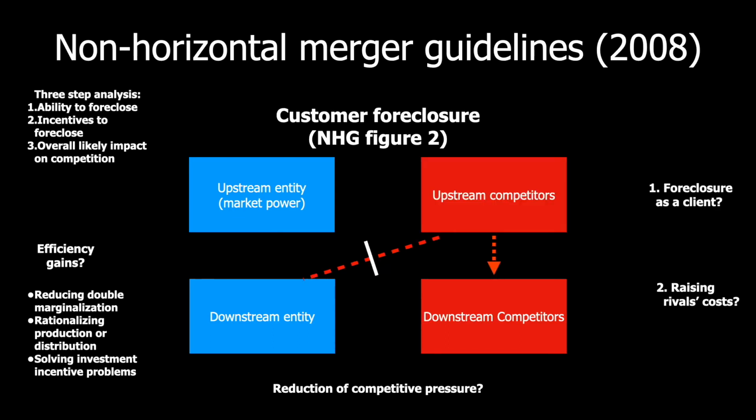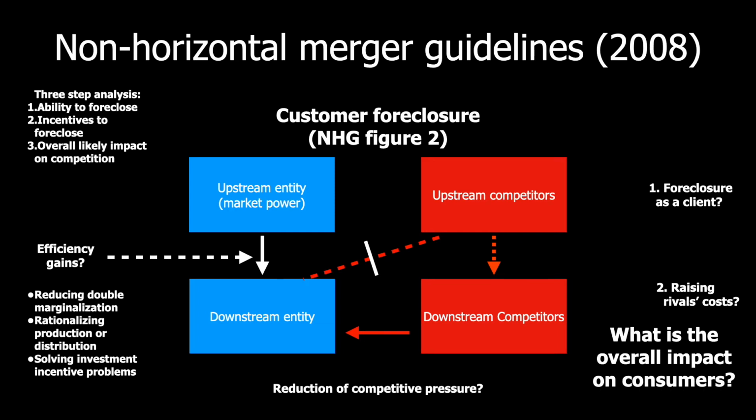In the customer foreclosure scenario, the new vertically integrated firm may block access by its competitors at an upstream market to a distribution channel downstream. In this case, upstream competitors would be foreclosed from accessing the downstream market. But the merger may also have an impact on competition in the downstream market.